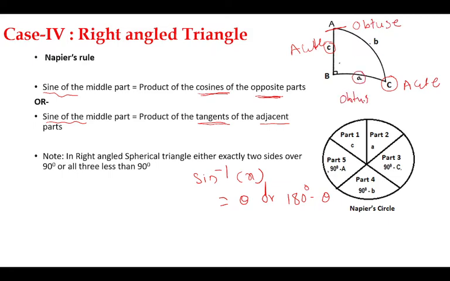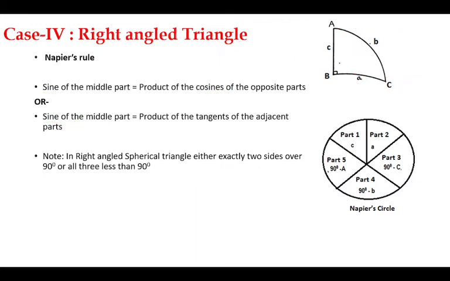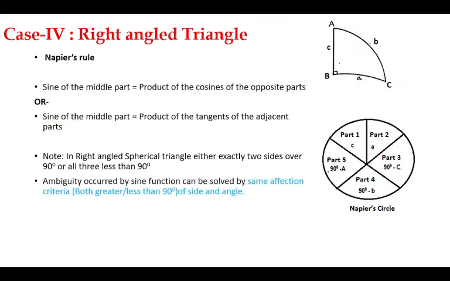So this is the same affection criteria: if the angle is less than 90 degrees, the opposite side should be less than 90. That is our same affection criteria here, and you should remember it.